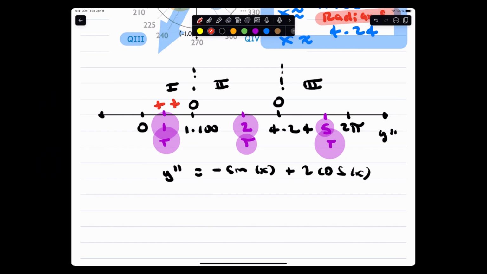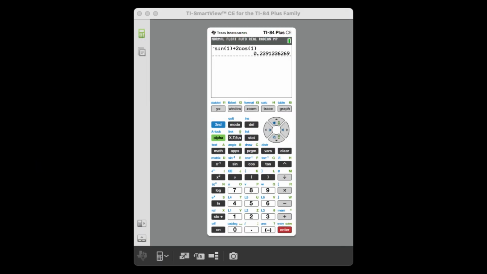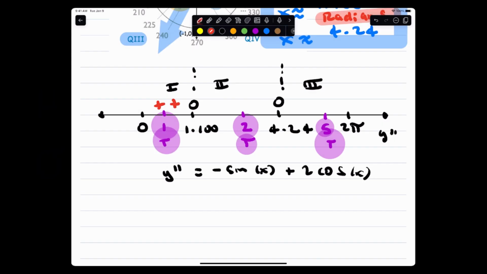All right, let's see about region 2. Negative sine of the test point 2, plus 2 cosine of 2. What do you guys get? Negative. I don't care about the answer, I only care about the sign here.